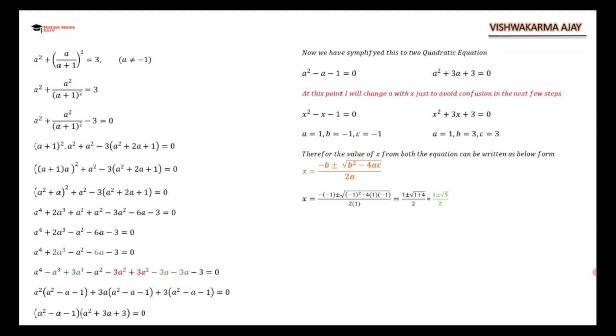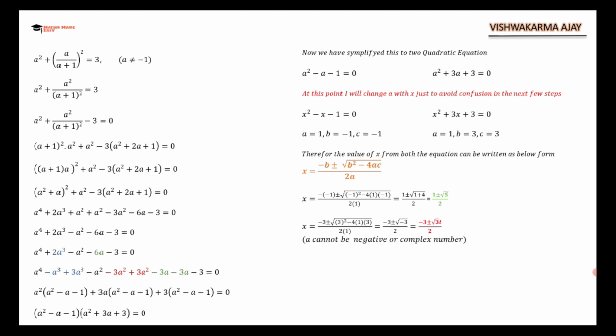Minus b, minus of minus 1, plus or minus the square root of (minus 1) squared minus 4 times 1 times minus 1, upon 2a. You can solve it to reach 1 plus or minus root 5 upon 2.